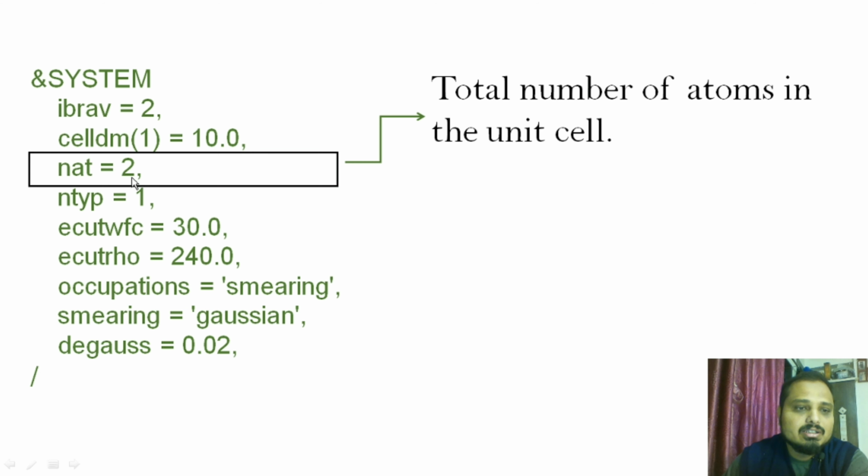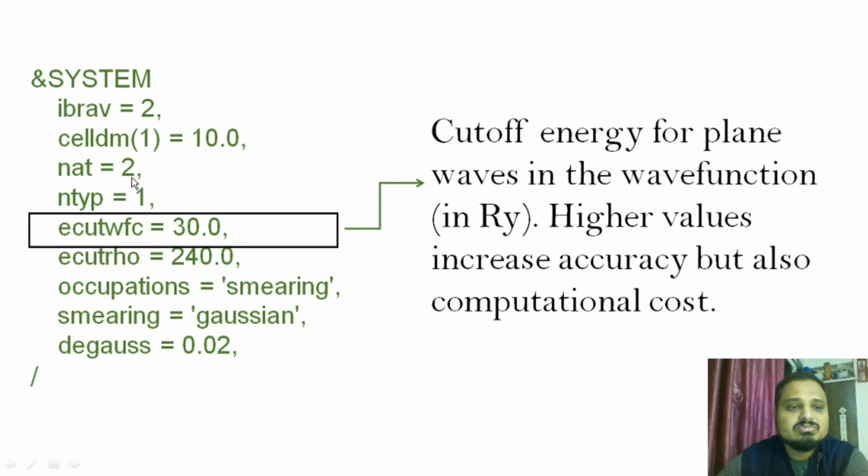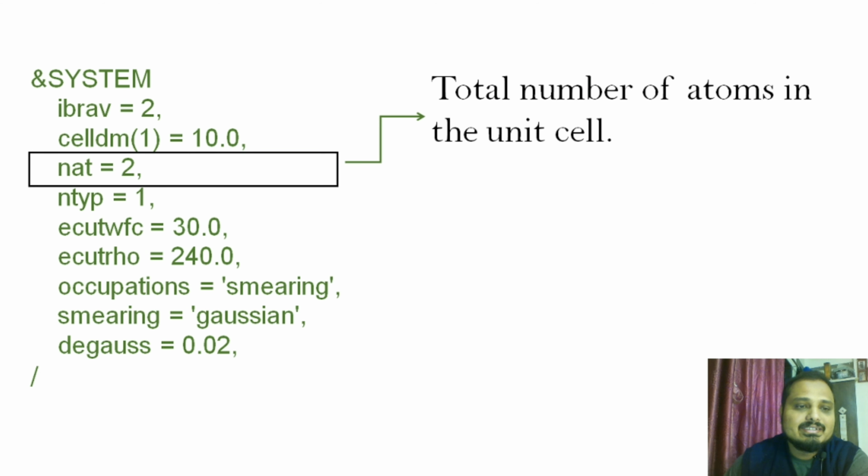Next is ntyp. Ntyp represents how many types of atoms are in your system. Again, if we are using nickel oxide, we have nickel and oxygen, so you have to specify ntyp equal to 2. But if you are using a silicon crystal, you have only silicon atoms, so you have to specify ntyp equal to 1.